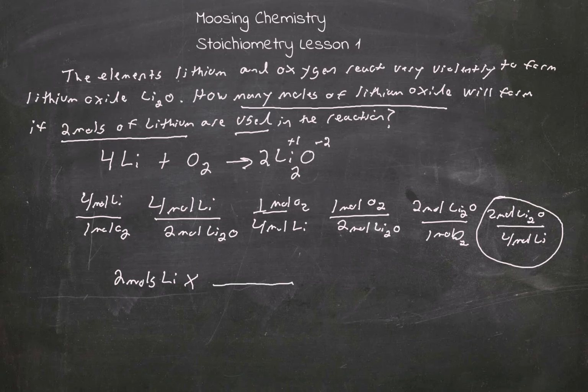So what we're going to do is put down 4 moles of lithium on the bottom and 2 moles of lithium oxide. Okay, so now moles of lithium cancel out, and this gives me 4 over 4 basically, because our Li's got canceled out.